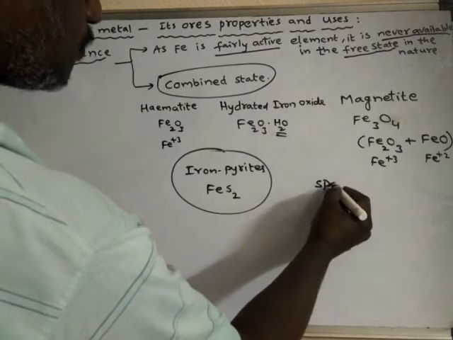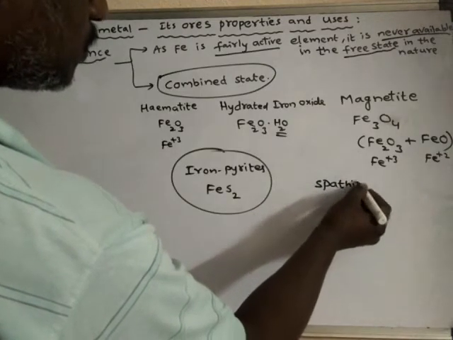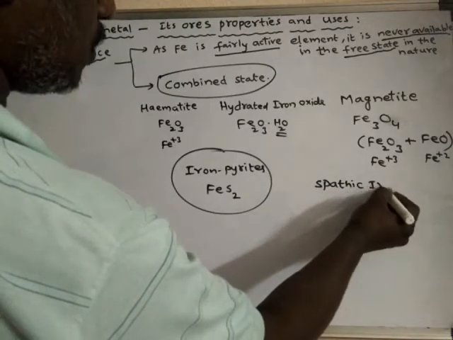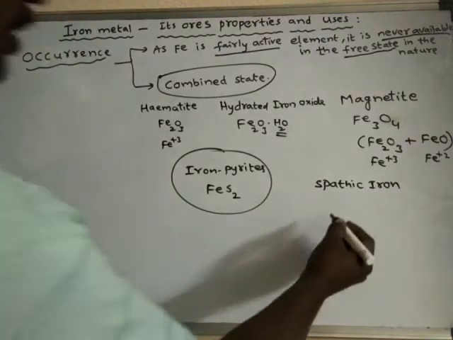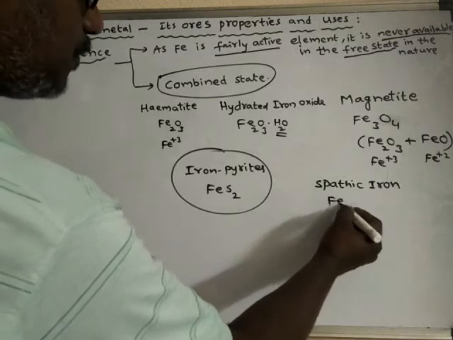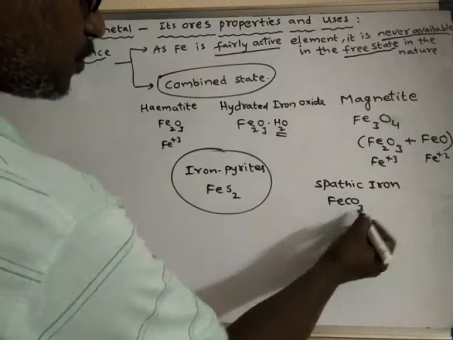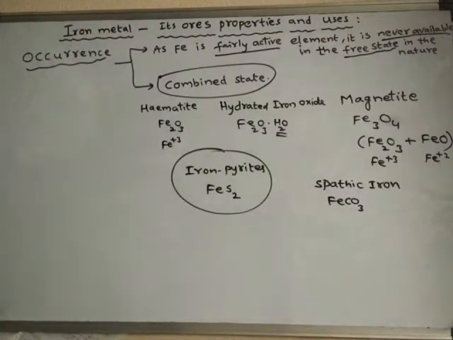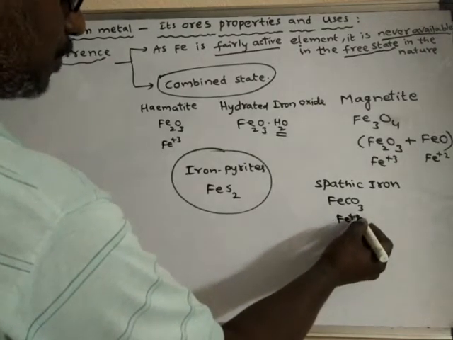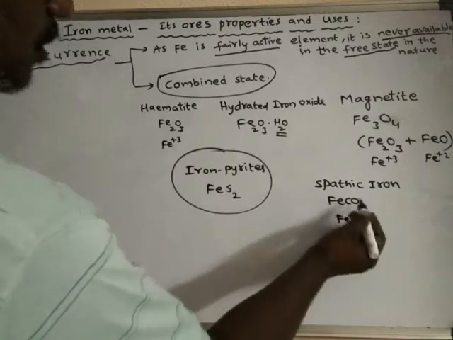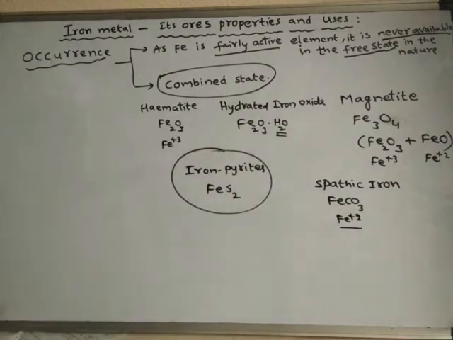Spathic iron is nothing but ferrous carbonate, where iron is present in the +2 form.